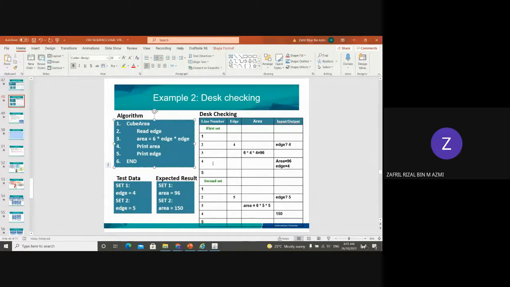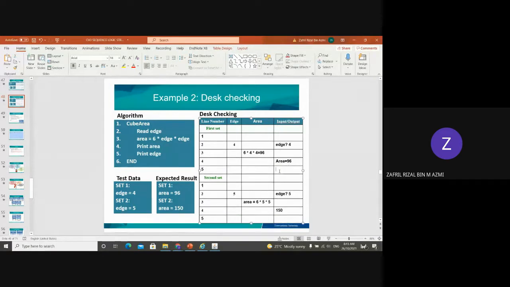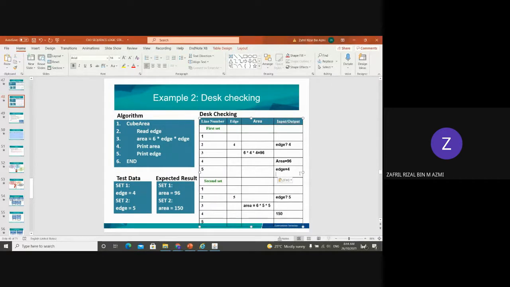Print age is supposed to be in line number 5. This is a different way to do it, but both are correct. Which one is better? The one with less line numbers. Okay, class? Okay, sir.